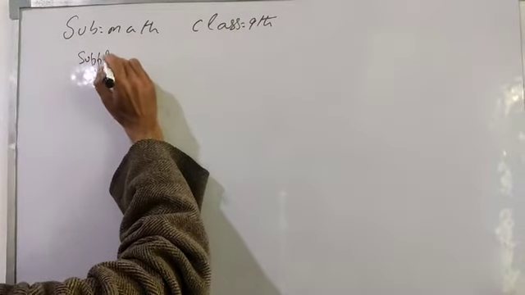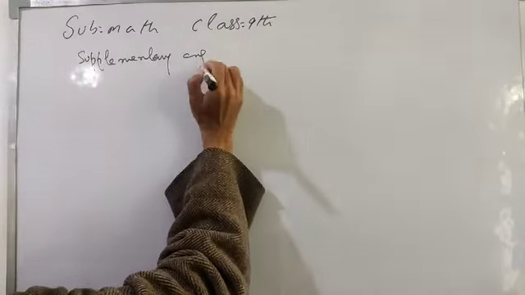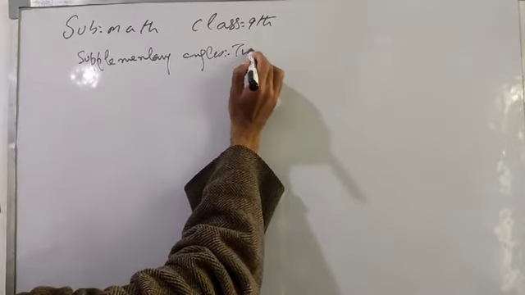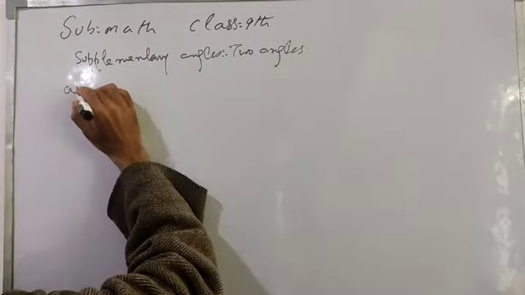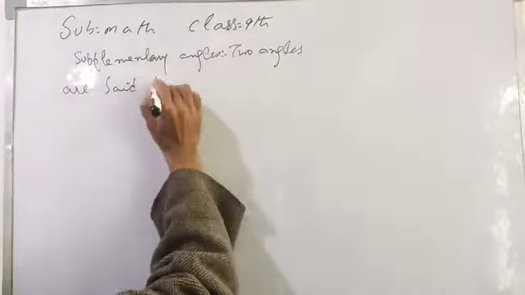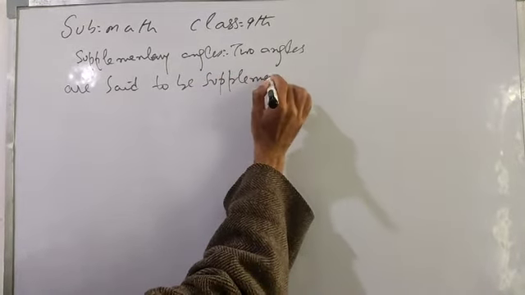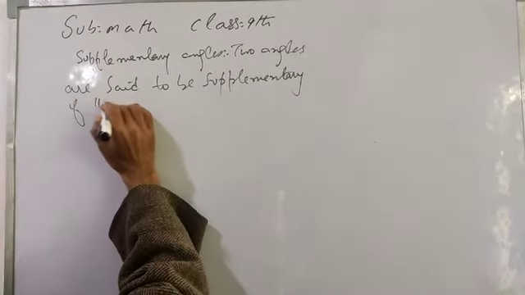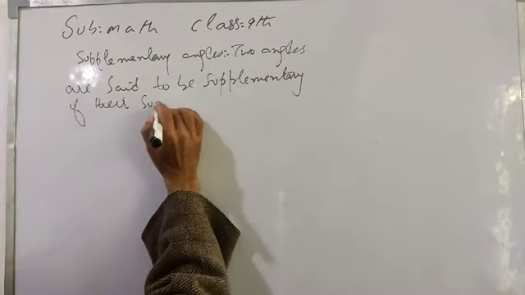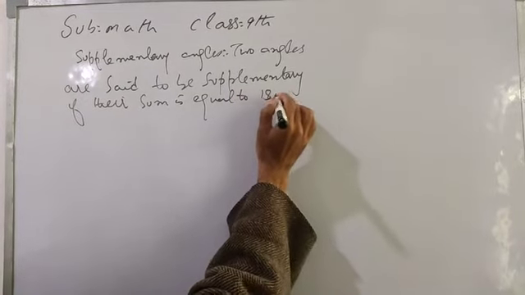Two angles are said to be supplementary if their sum is equal to 180 degrees.